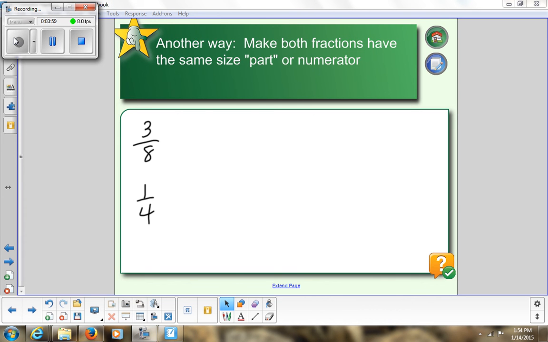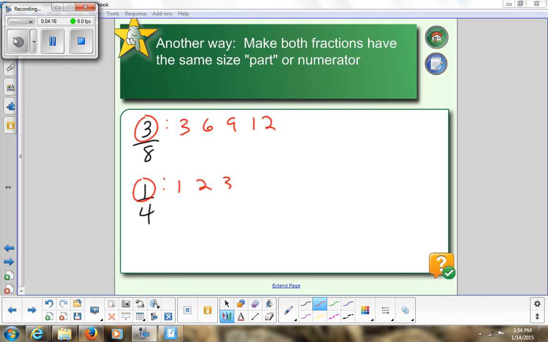Now we're going to focus on having this number up here be the same. You could do multiples just to be on the same pattern as the other one. So this is 3, 6, 9, 12. This is 1, 2, 3, 4, 5, 6.